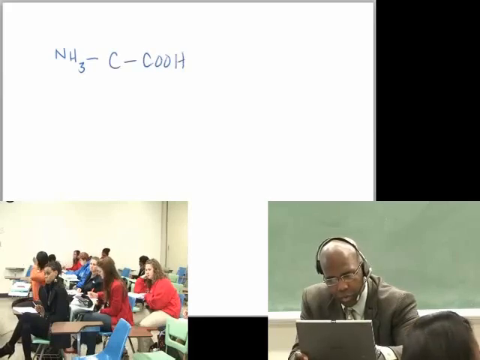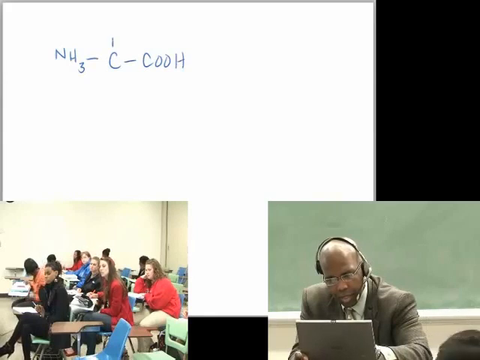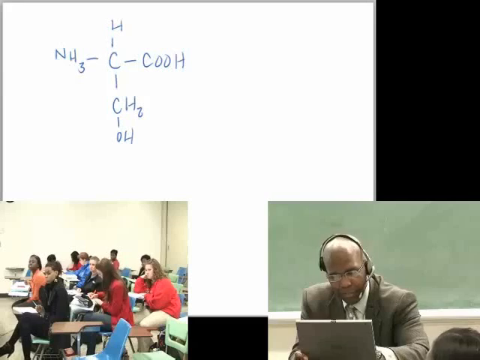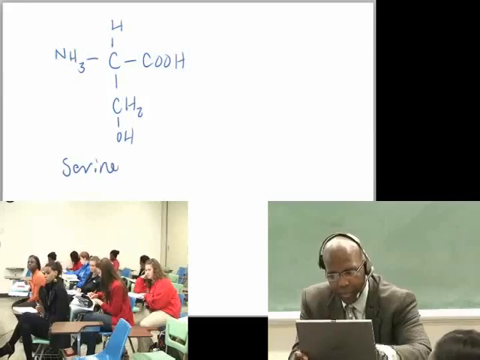Let's do it this way first. I'm going to put NH3, C alpha carbon, COOH, hydrogen, and then, seriously, methanol causes serious blindness. There's our methanol group. And so, what's the name of this amino acid? This amino acid is serine.